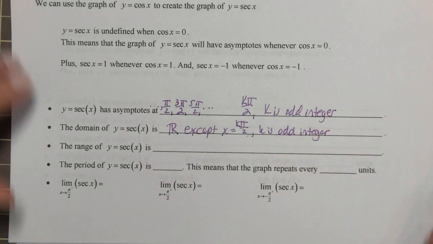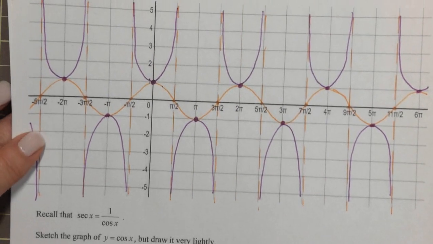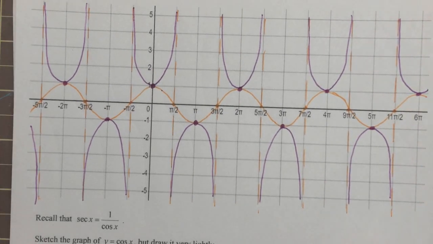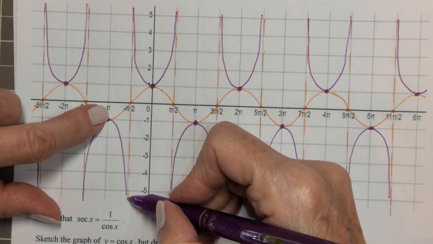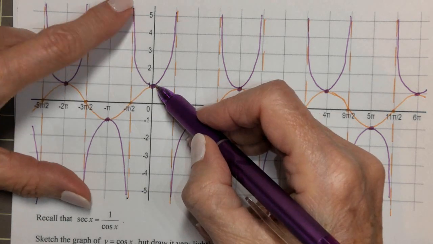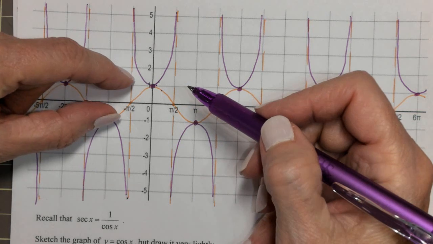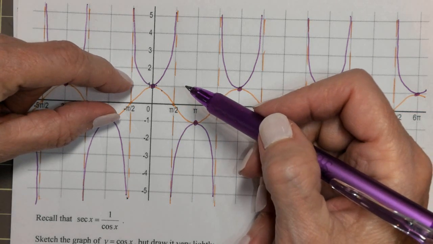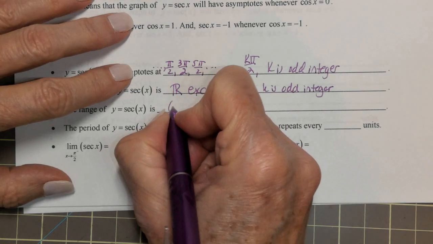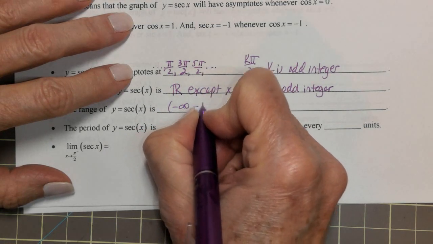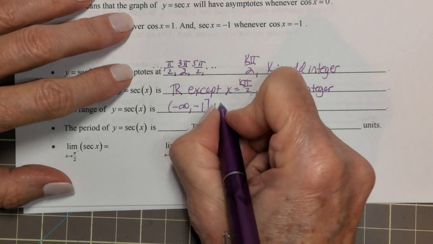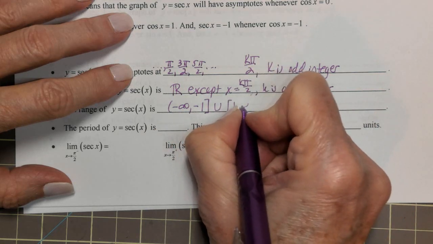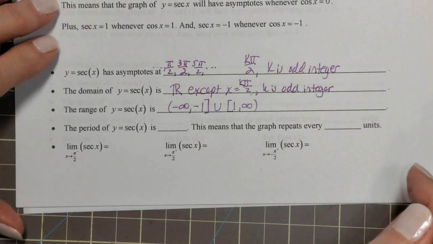What is the range? What y values are there? Well, -infinity to -1, including -1, union with 1 to infinity, including 1. Nothing between -1 and 1.